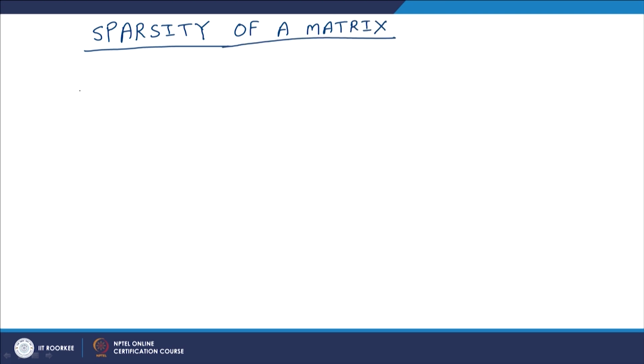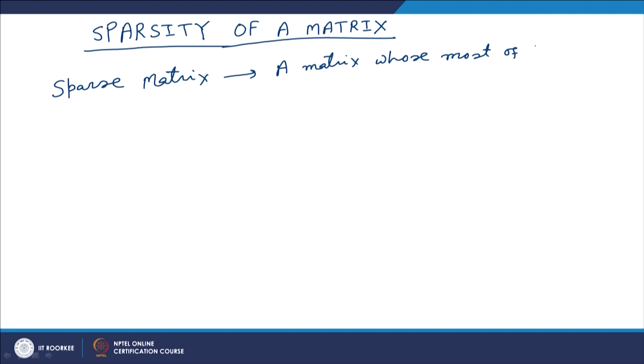Now, when we call that a matrix is sparse matrix, a sparse matrix is defined as a matrix whose most of the elements are 0.